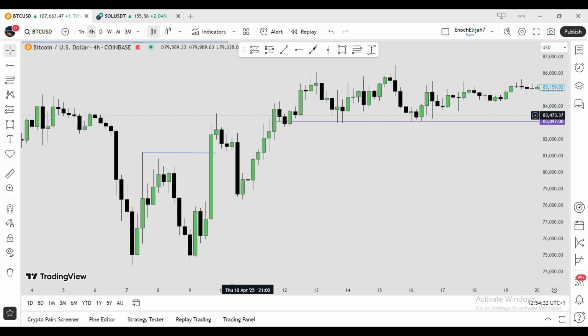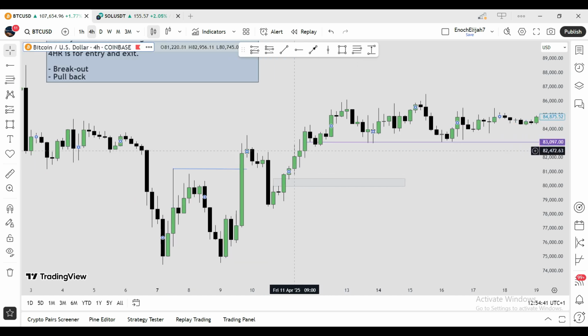Then I will analyze this new range that was formed recently again. Do we have imbalance in the range? Yes, we have it here. This is the imbalance here. Now price doesn't have to retrace down to this imbalance level for me to have an entry again.